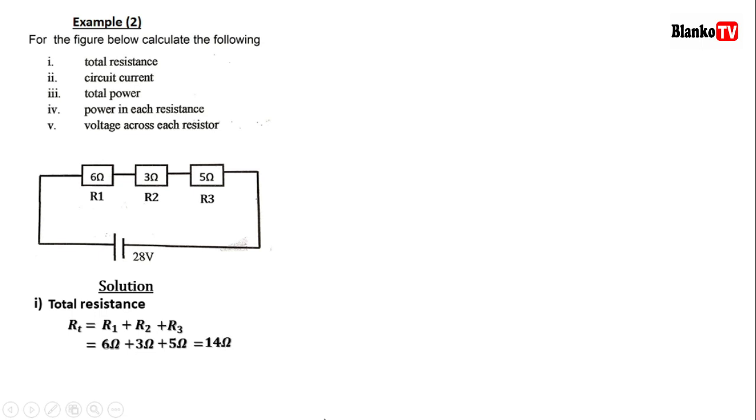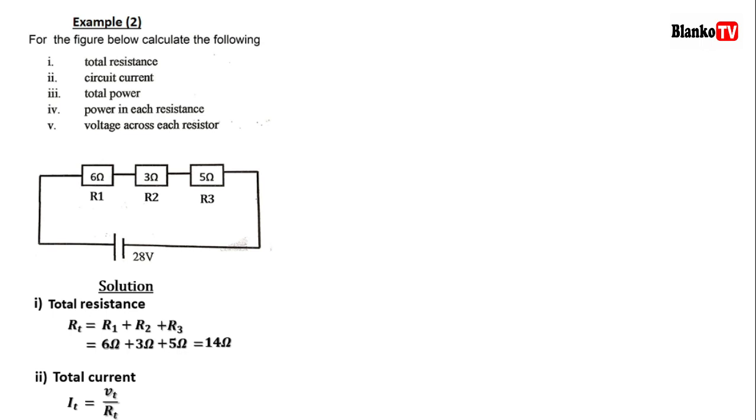I hope you understand. Okay, so let's move on. II, which is the total current. By Ohm's law, we know that current is proportional to voltage and inversely proportional to the resistance. So IT is equal to VT over RT.